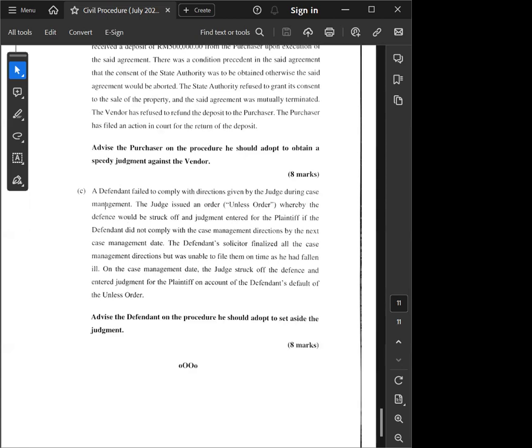The PTCM means that the judge wants to ask the parties to attend for case management to discuss what things they have to comply with between the parties. So when the parties attend the PTCM, the court will direct them on what to do by the next date.